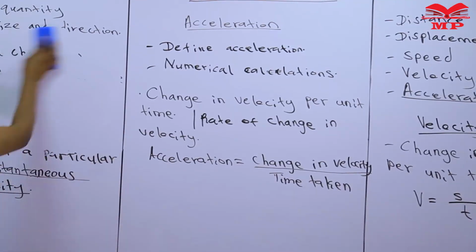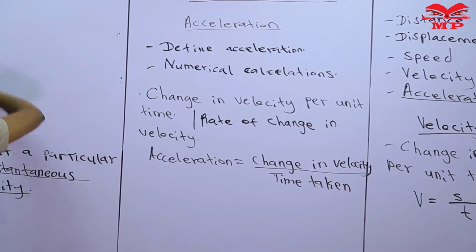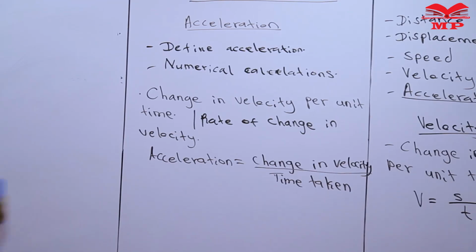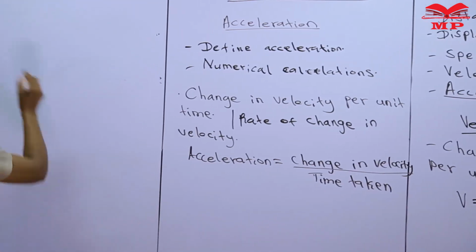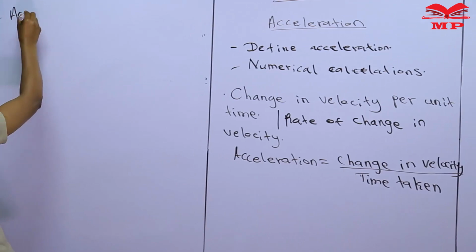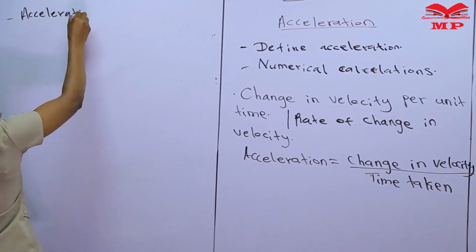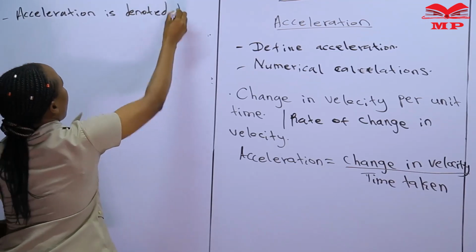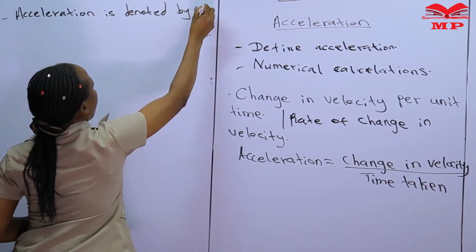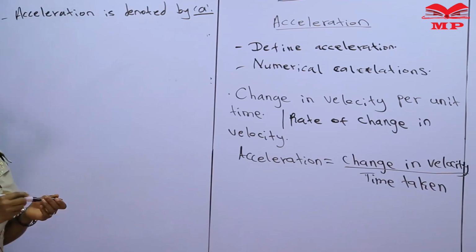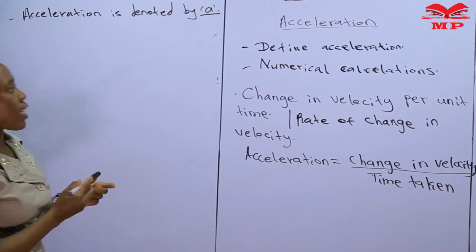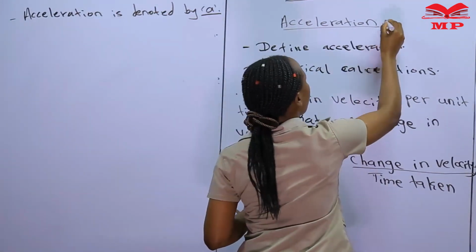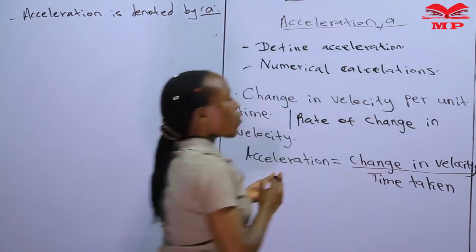We also need to know that acceleration is denoted by a small letter a. This is the symbol for acceleration, it is not the SI unit. So we have a for acceleration.